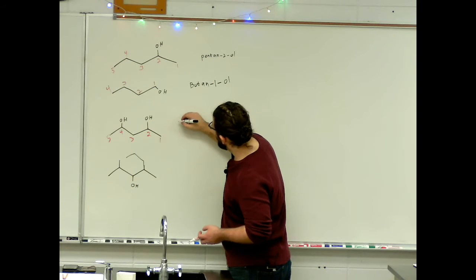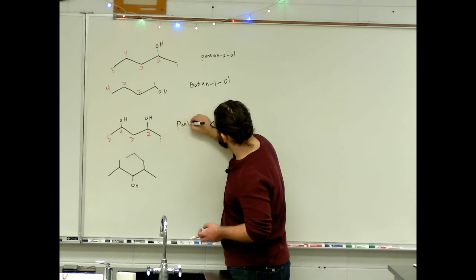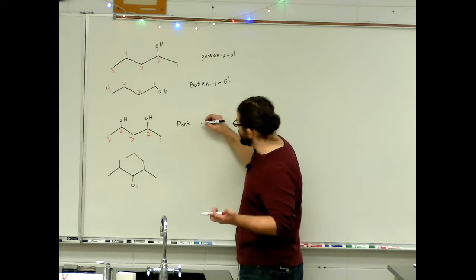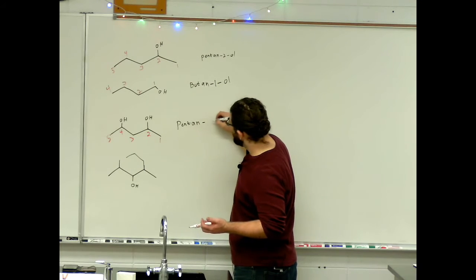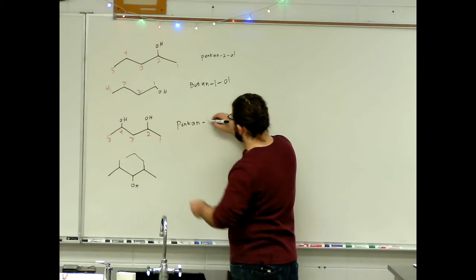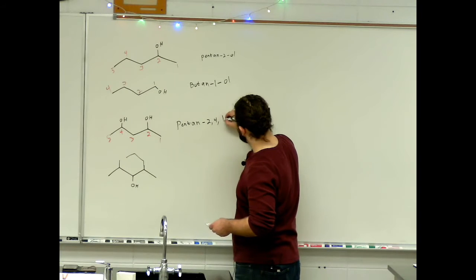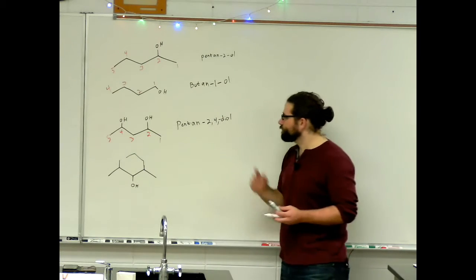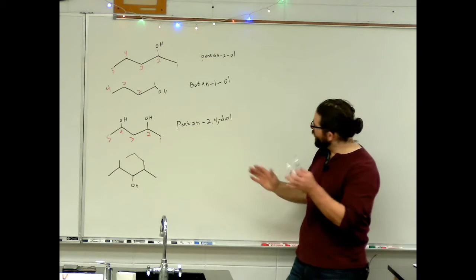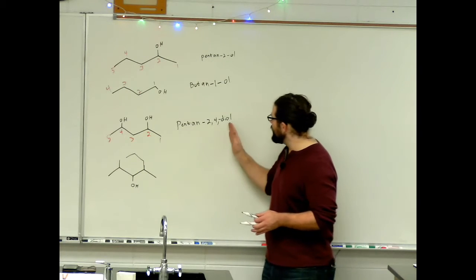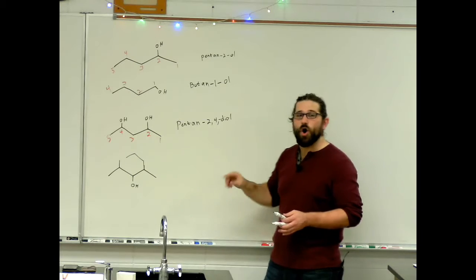So 5 is pent. No double bonds, so it's an an. And then it's going to be 2 and 4, 2,4-diol. There we go. So our naming conventions hold up, just adding in this new suffix of ol.